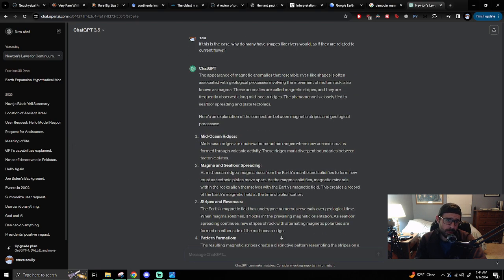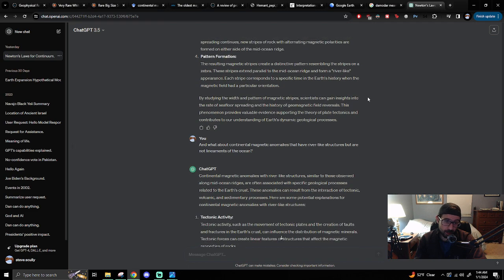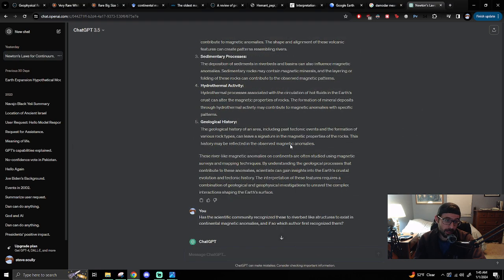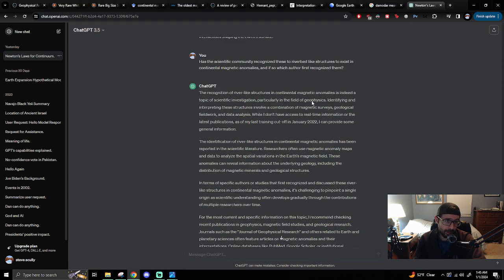It confused it initially by looking at the ocean magnetic anomalies. I was not talking about the ocean. I was talking about the continents. And what about continental magnetic anomalies that have river-like structures but are not lineaments of the ocean? This gives me some nonsense that doesn't really answer anything.